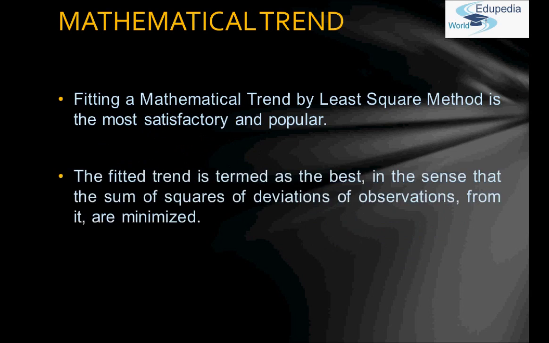The fitted trend using this method is termed as the best. As I said, it's the most popular and satisfactory. It's also the best in the sense that the sum of the squares of the deviations of observations from it are minimized. That is, the sum of the squares of the deviations of the observations from this particular trend line are the minimum.